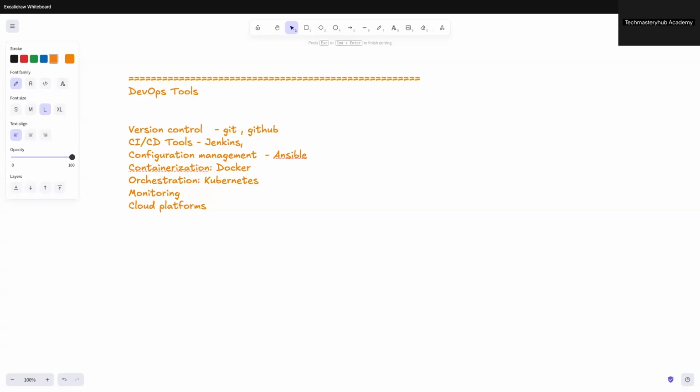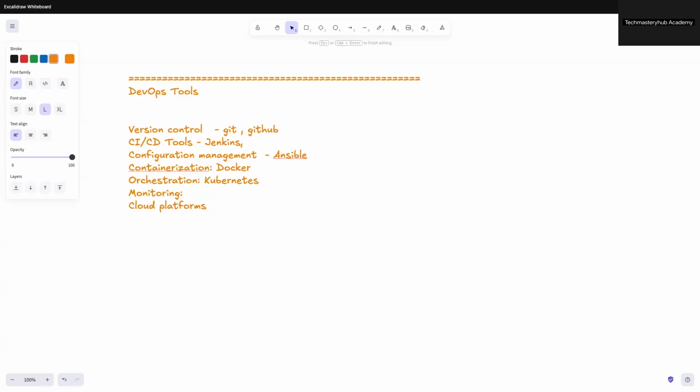But if you have 100 containers, it is very difficult. So Kubernetes helps to manage those containers, scale automatically, and handle failures. For example, if one container crashes, Kubernetes automatically restarts it. This ensures high availability and reliability.